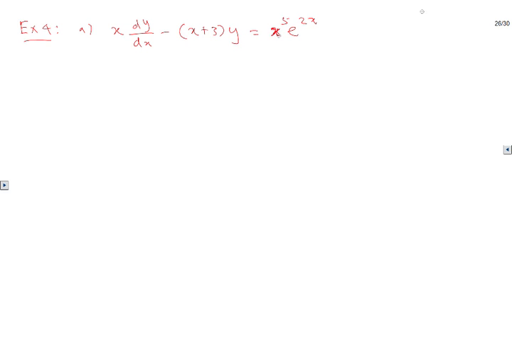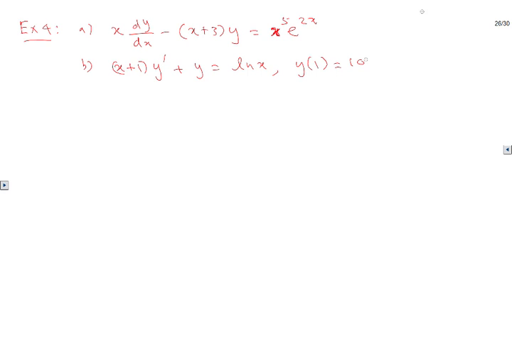Good. And then part B, (x + 1)y', that's a derivative, plus y equals natural log x, along with y(1) = 10. Okay, so try those two and you can find the solutions in the description.